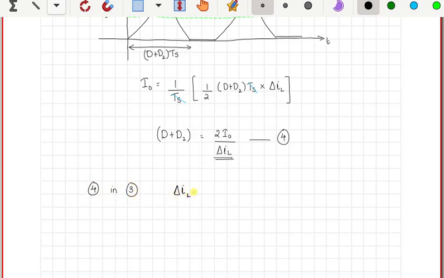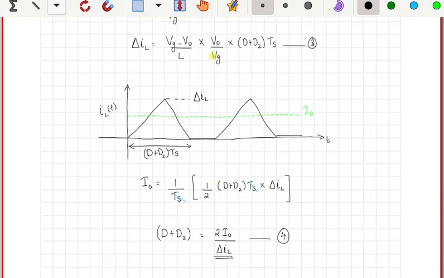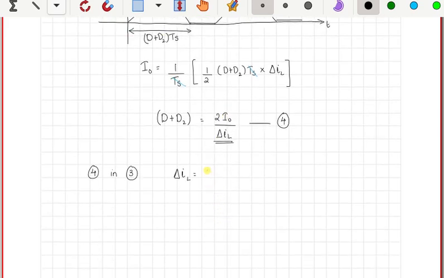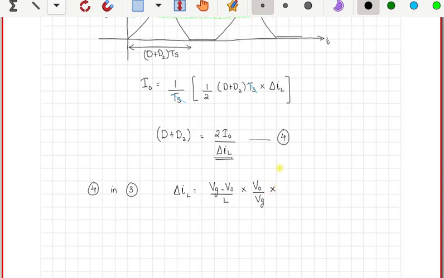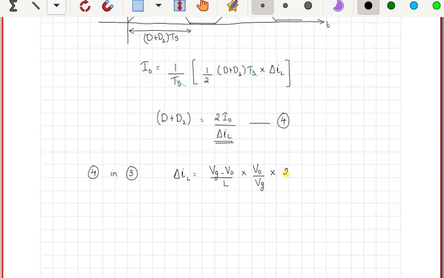Delta IL is equal to (Vg minus VO) by L into VO by Vg into, we have a d plus d2 times Ts here, so d plus d2 is 2I0 by delta IL, and then Ts, if I can bring it into the denominator, it would be Fs.